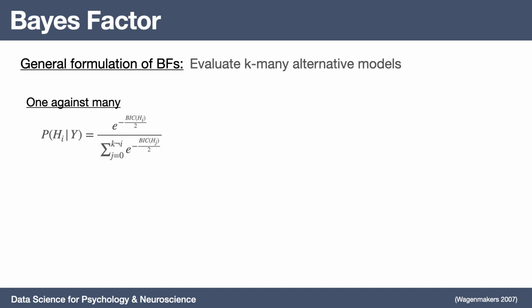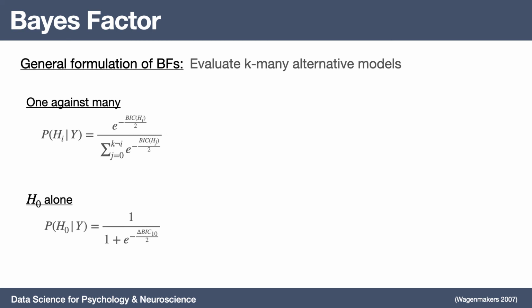So what you do is you just calculate out your e to the negative BIC for that hypothesis. So you calculate the BIC for hypothesis I divided by 2. And that's over the sum of those same calculations for all the other hypotheses. So for all the hypotheses that don't include hypothesis I. So you can now calculate out how an individual hypothesis compares against many different forms of your model.